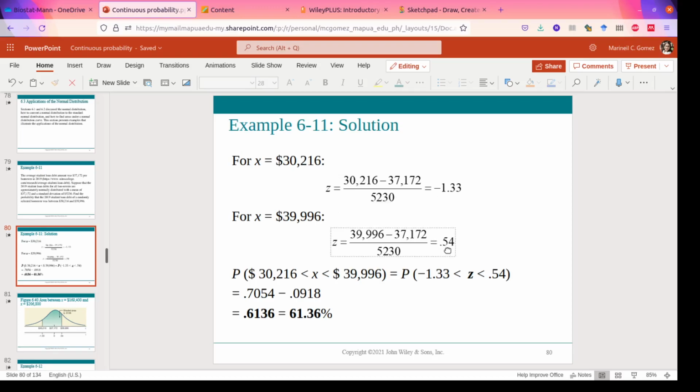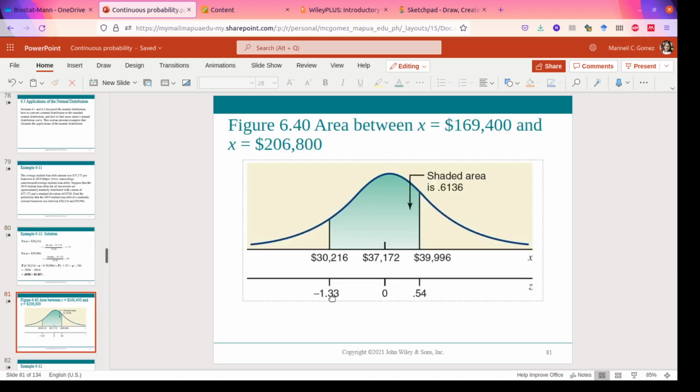So the shaded area under the curve is between negative 1.33 and 0.54. Here is your shaded area between negative 1.33 and 0.54. Is it just me, or is it a bit skewed? No, it's just me, because the shaded region is a bit skewed to the left side.